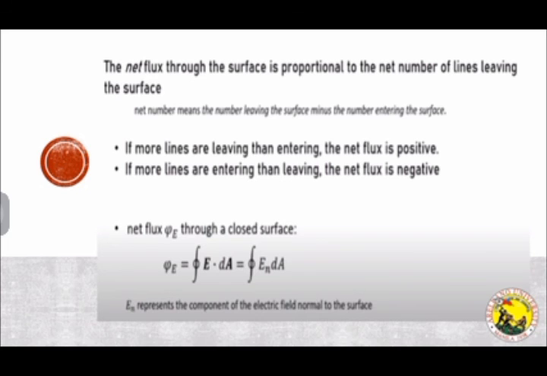If the field is normal to the surface at each point and constant in magnitude, the calculation is straightforward, as it was in our previous example.